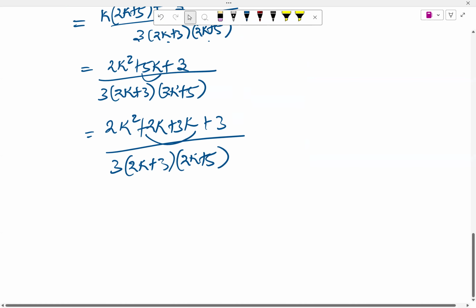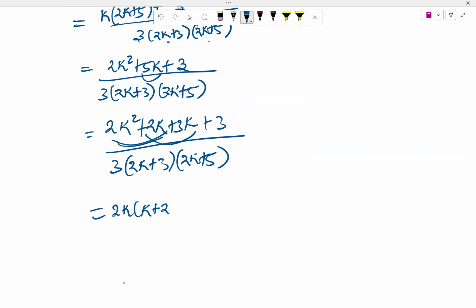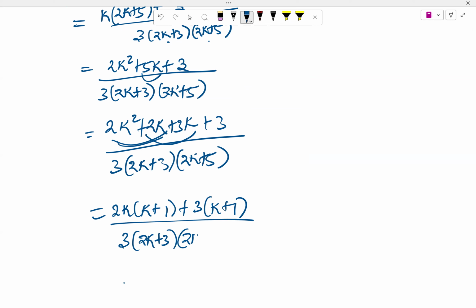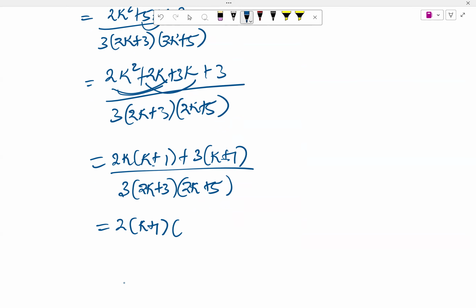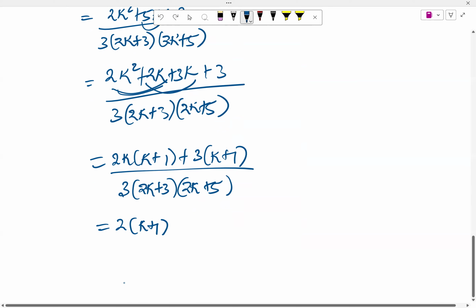And then the journey is on. We can factorize here. 2k is common, so we have 2k(k + 1) plus 3(k + 1), all over 3(2k + 3)(2k + 5).